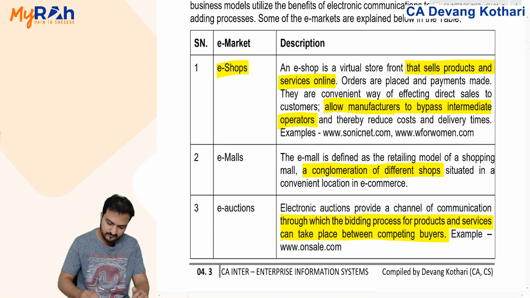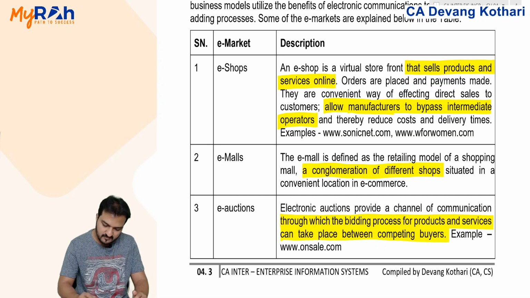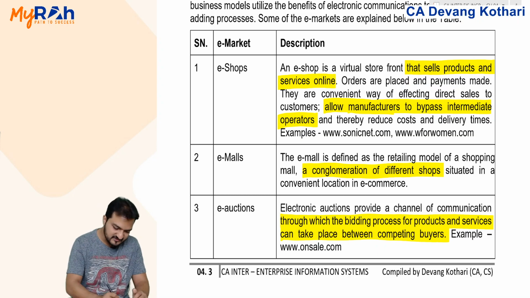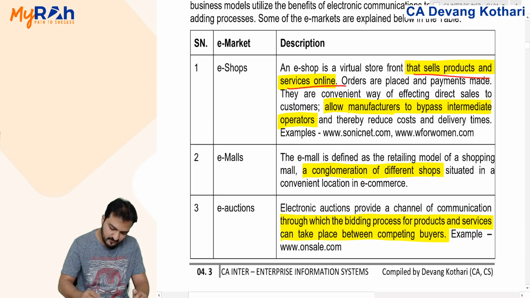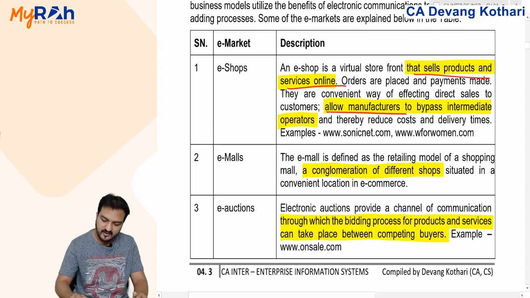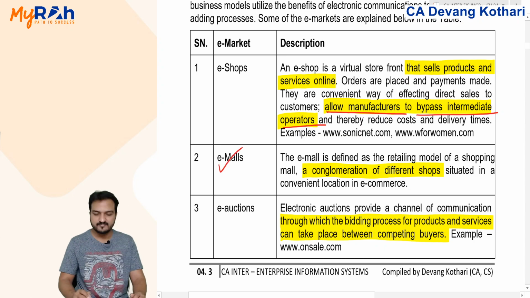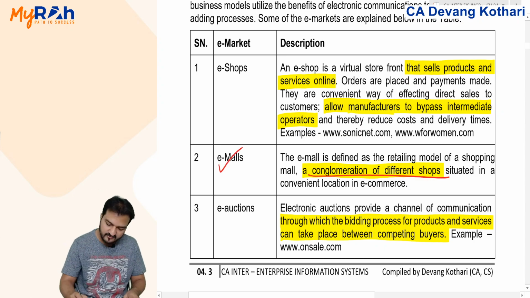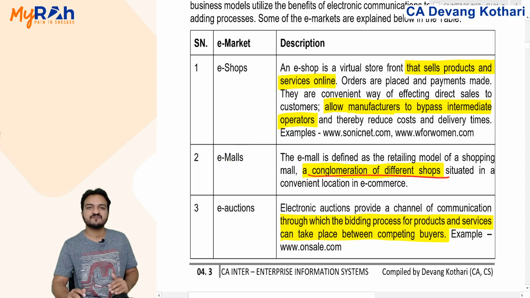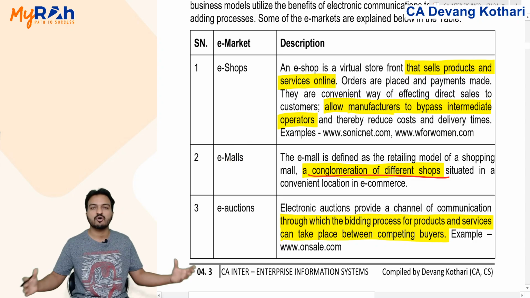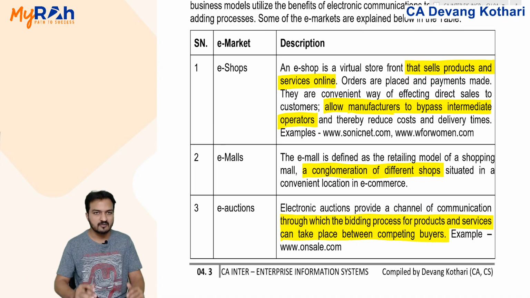So e-shop is a virtual storefront that will sell products and services online. It will allow manufacturers to bypass the intermediate operators. E-malls. Well, e-mall is conglomeration of different shops. Now this is where Amazon, Flipkart can come. It is conglomeration of various sellers together.